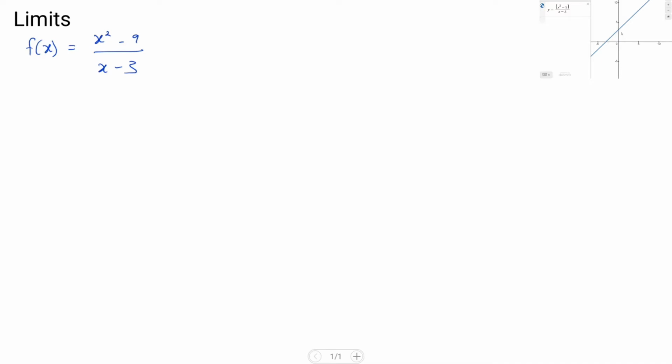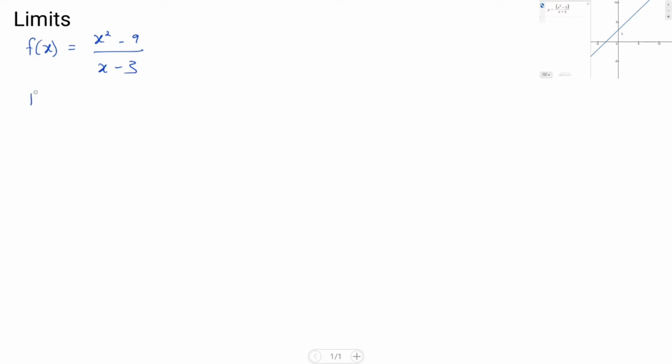Now, if you have keen eyes, you might see that we're taking some small function and dividing that by x minus 3. In that case, what would happen if x had the value 3?